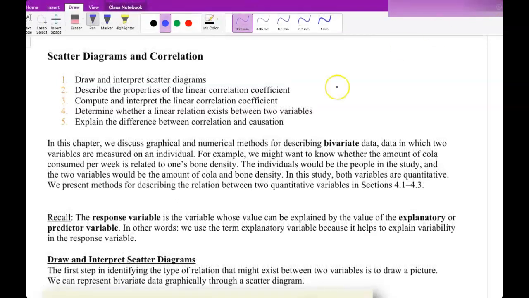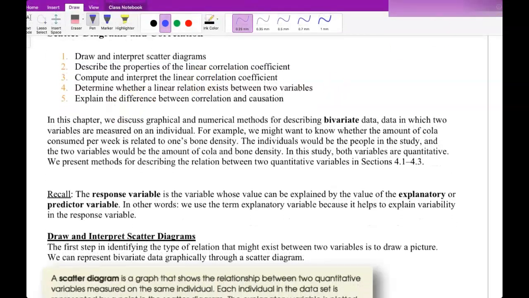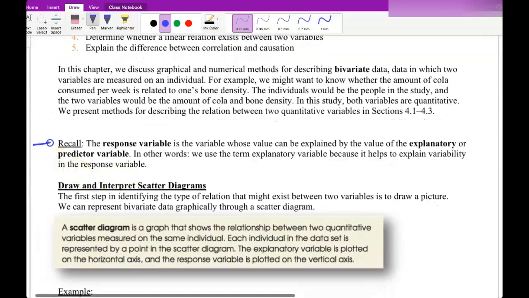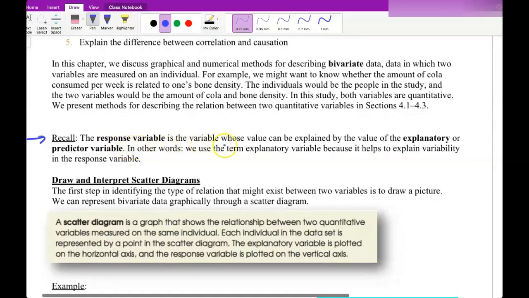Hello everyone, in this part we have scatter diagrams and correlation. We had this part before, recall. The response variable is a variable whose value can be explained by the value of the explanatory variable. So that is this one.